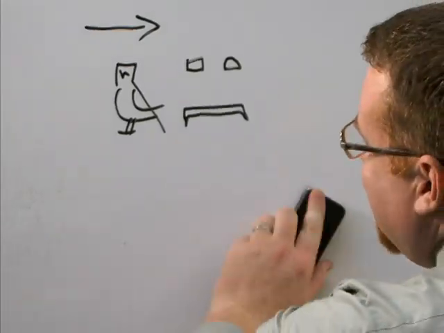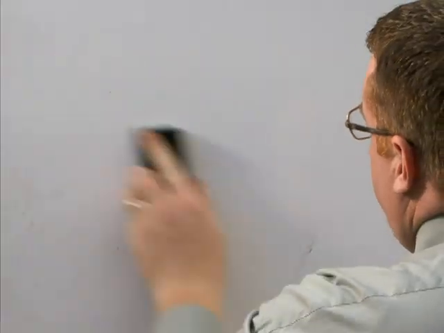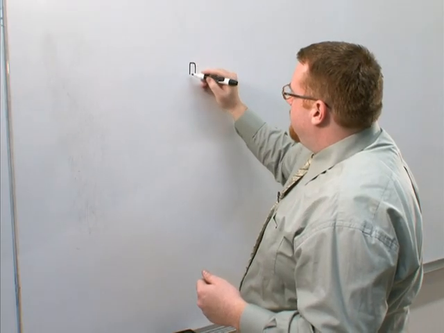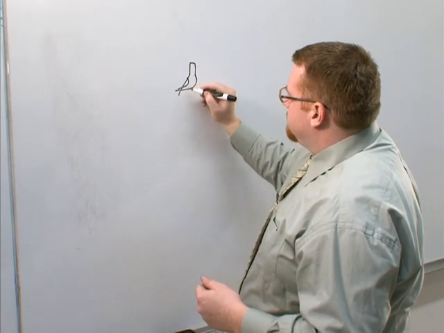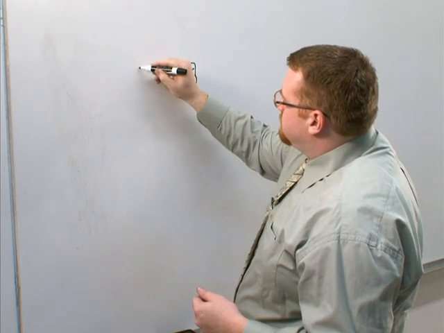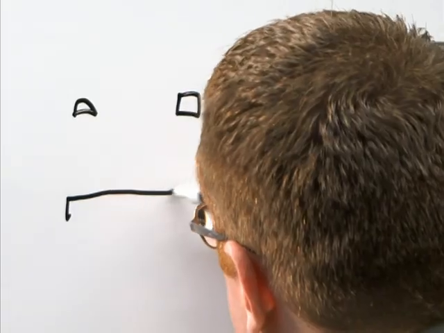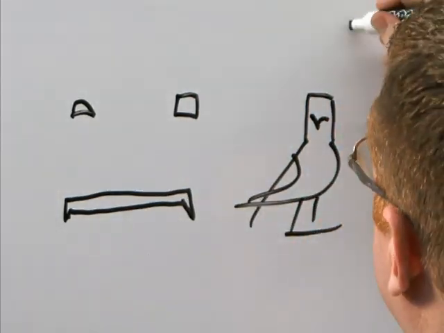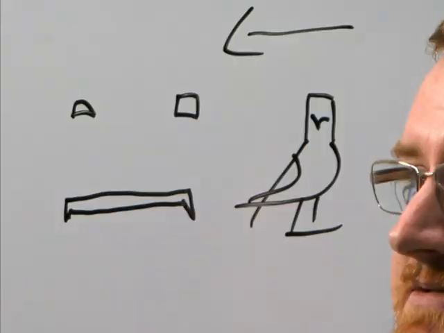However, the Egyptians weren't nearly so rigid as to how they would write things. So you can also write this way. Where you can read it moving from the right to the left.